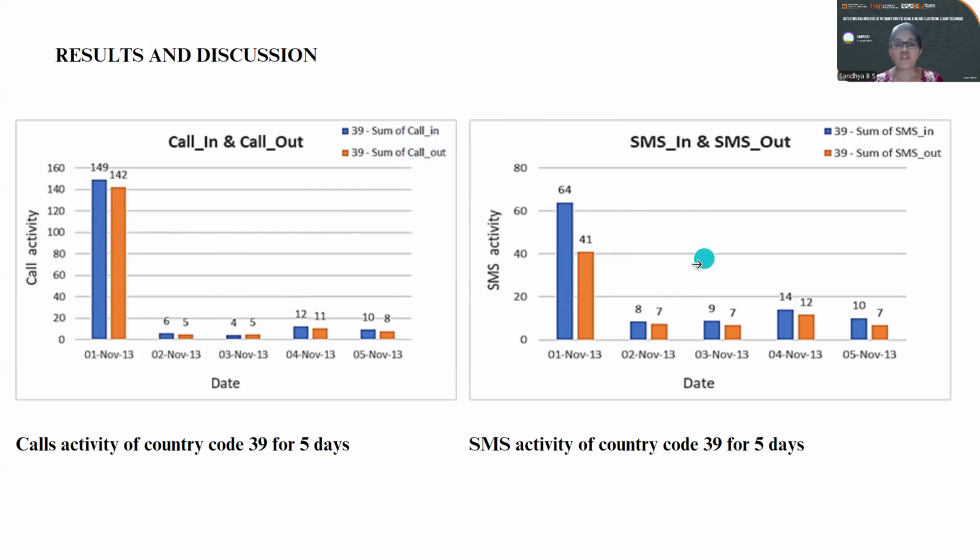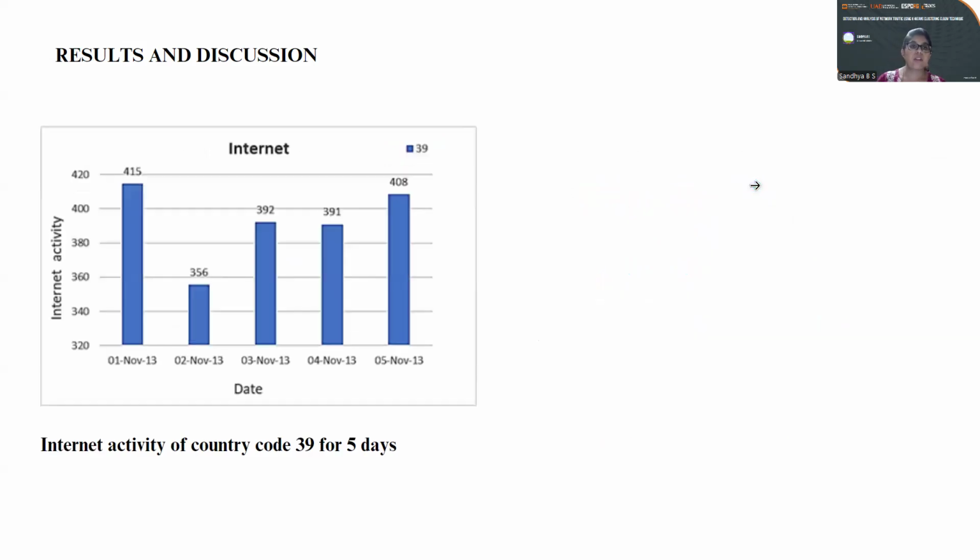And the second plot shows the SMS activity for all the 5 dates. Again, it differentiates the incoming and the outgoing SMS with difference in the colors. Finally, this is the internet activity conducted for 5 different dates. So this is all about the pre-processing of CDR.